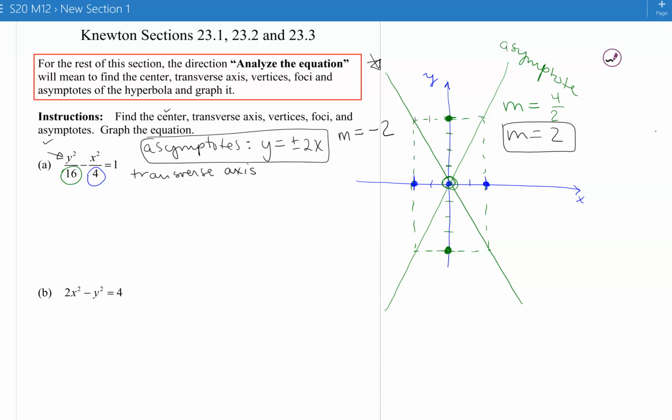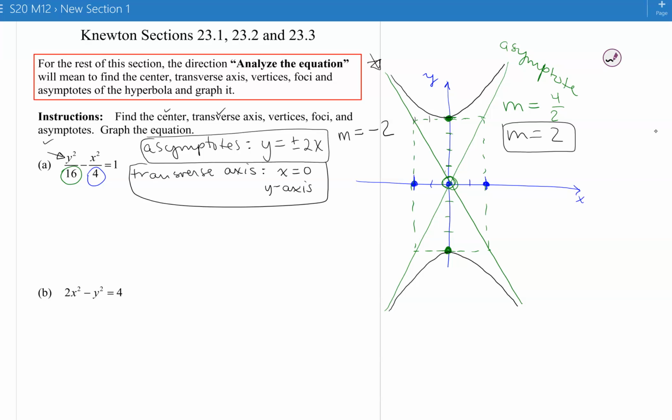We look at which term is first, and we see the y term is first. So the hyperbola must actually cut through the y-axis and not touch the x-axis. So we know it opens up and down. So we can see that the transverse axis is the line x equals 0, or you can say the y-axis. Either of those is fine.